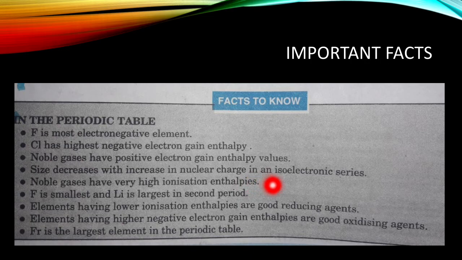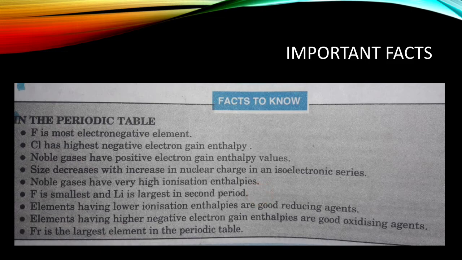Next, noble gases have very high ionization enthalpy, and fluorine is the smallest and lithium is the largest second period element. This you need to know. Then elements having lower ionization enthalpy are very good reducing agents. And last, francium is the largest element in the periodic table.